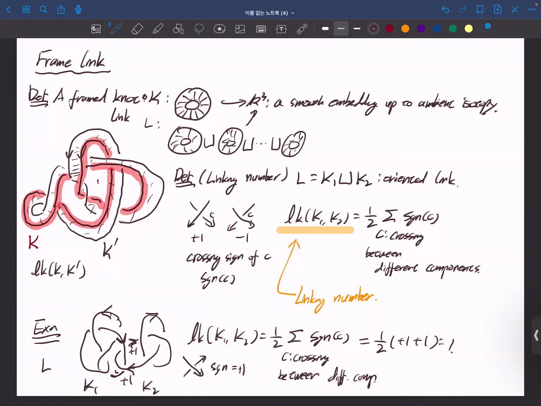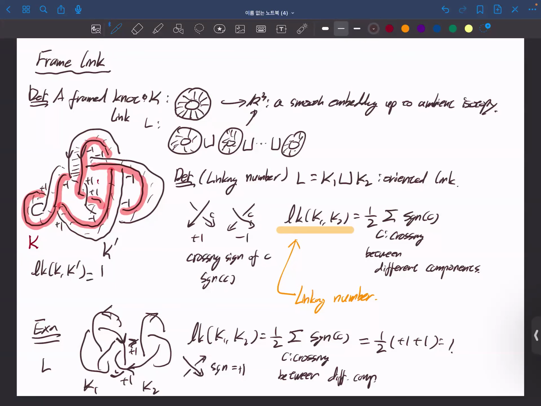Then, to save time, let me write directly their signs. In this manner, we have 6, minus 1, and 4, plus 1.